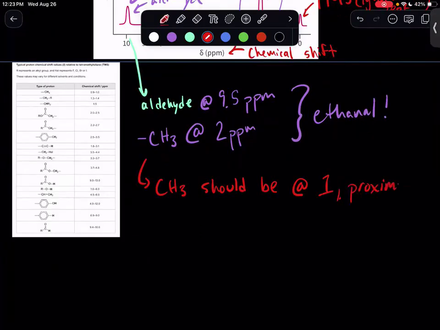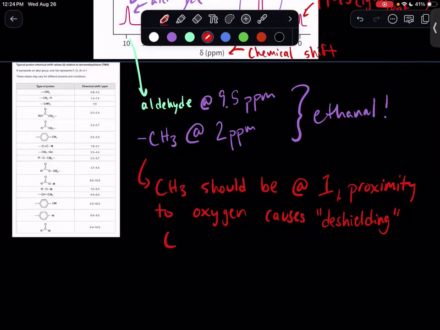However, proximity to oxygen, because in ethanal it's right next to a carbon double bonded to oxygen, causes what we call de-shielding. What that basically means is that the peak moves downfield.